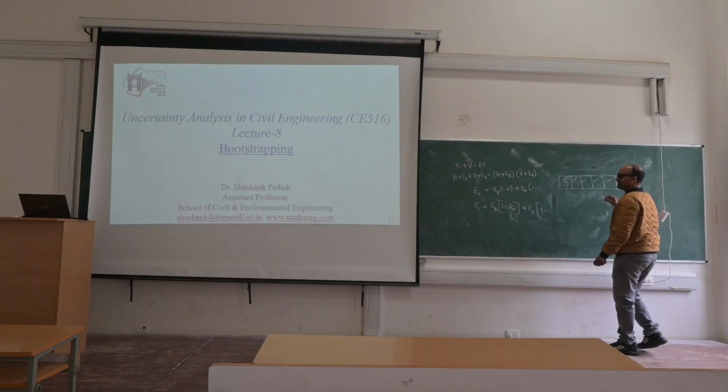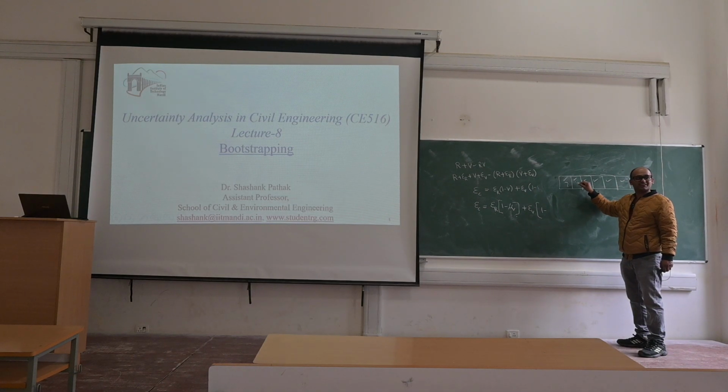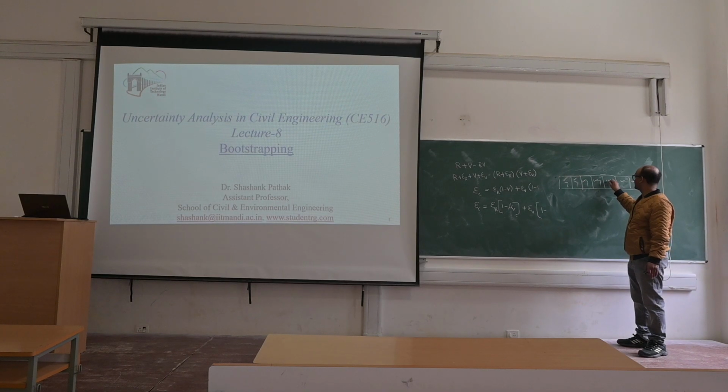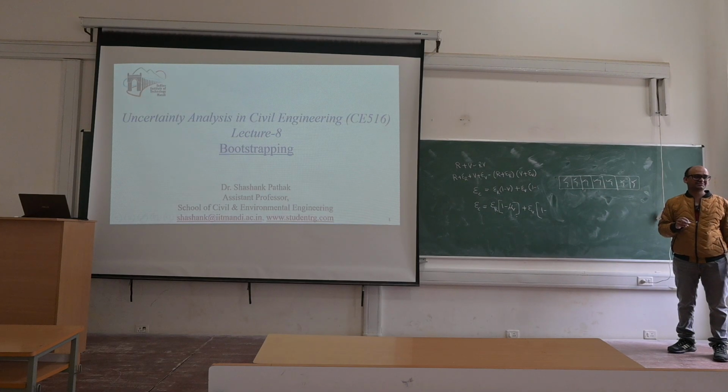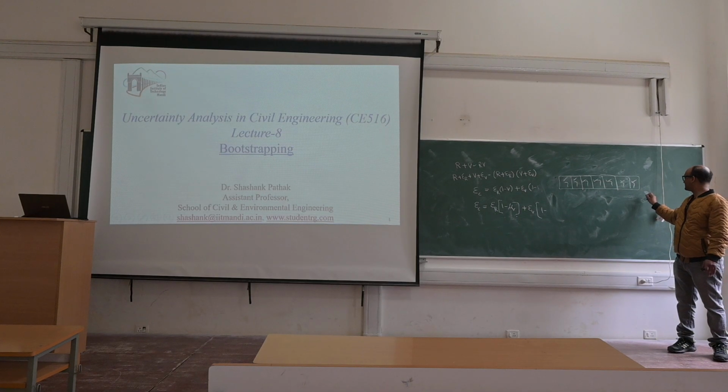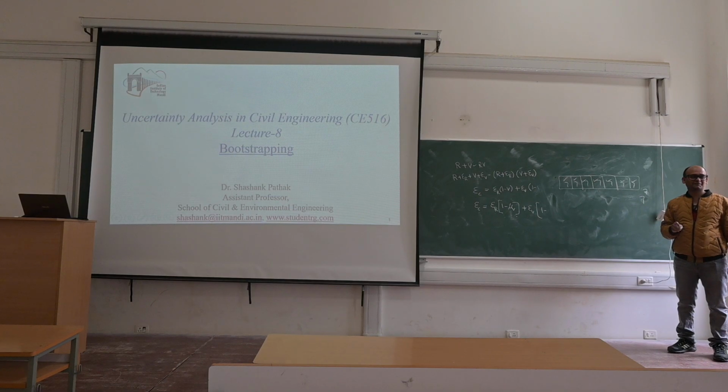So the same value that comes here can come again here, because it is a random experiment, and all of them are coming from some unknown probability distribution. So this number can appear again, right? 7 this, 7 this. So in total how many samples can you create? 7 power 7. How much is this?